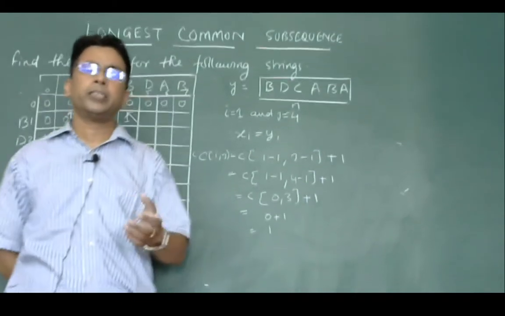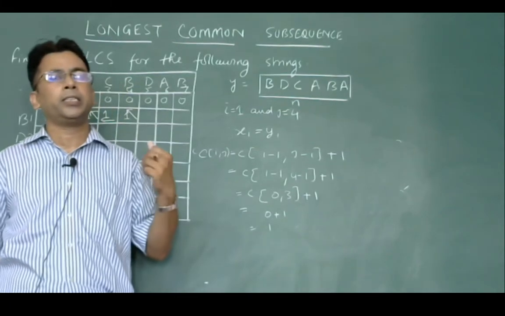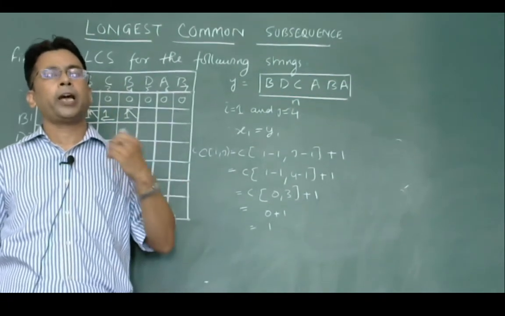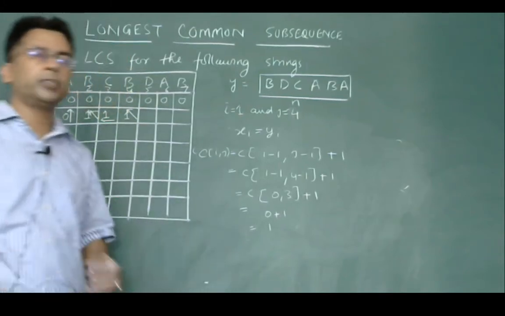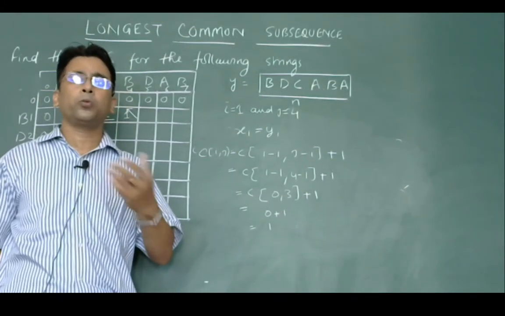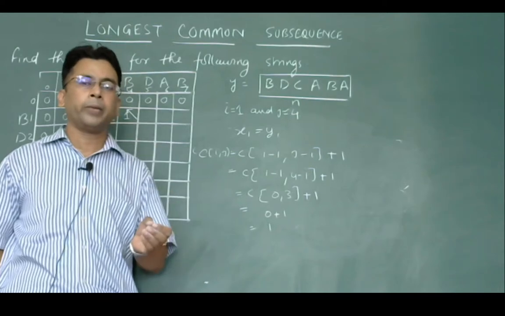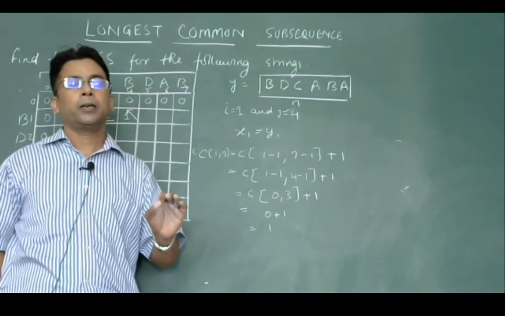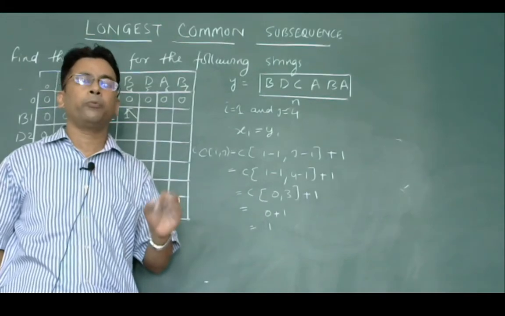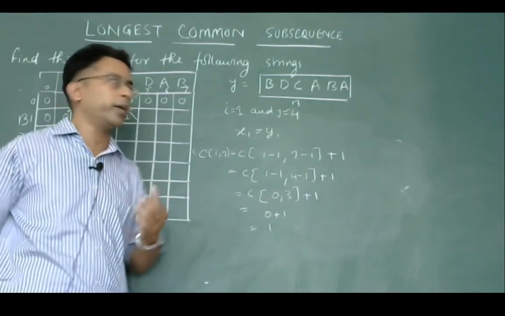And when c of i comma j minus 1 is greater than c of i minus 1 comma j, place the arrow in the horizontal direction. So in simple words, place the arrow towards the element that is greater than the other. If both are equal, then place the arrow in the upward direction.